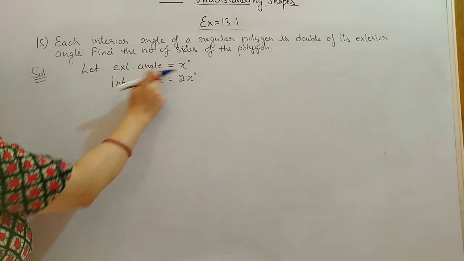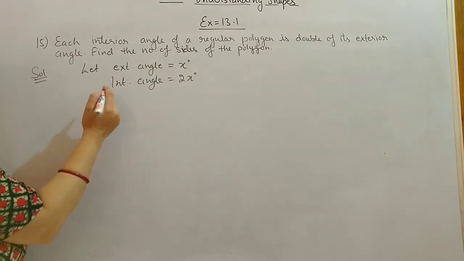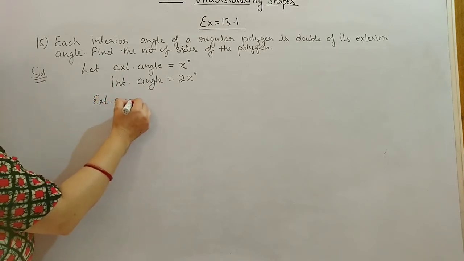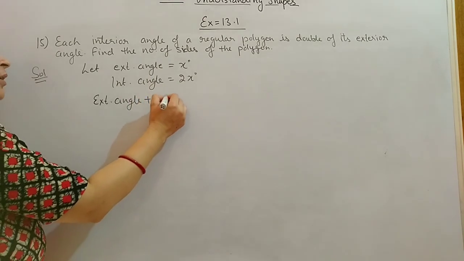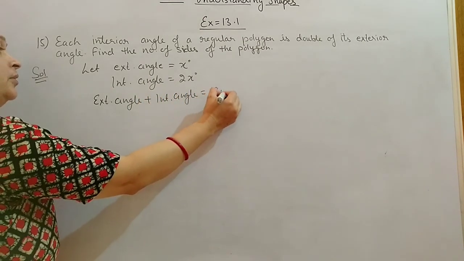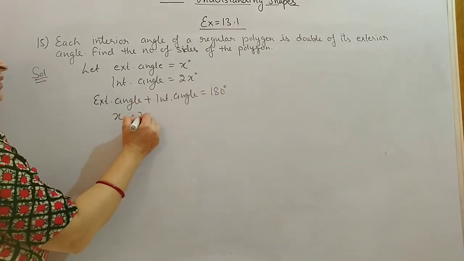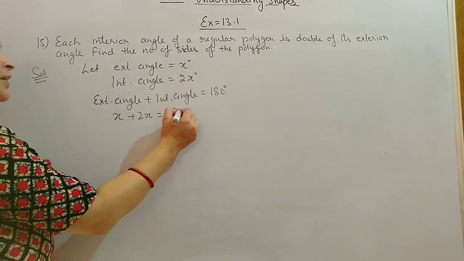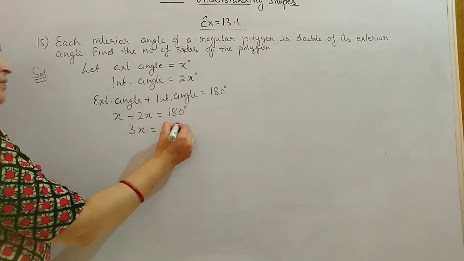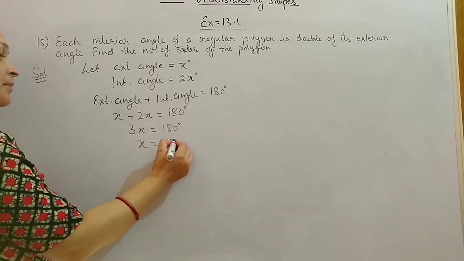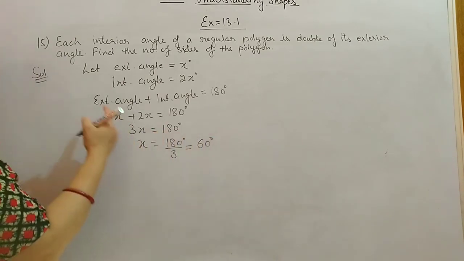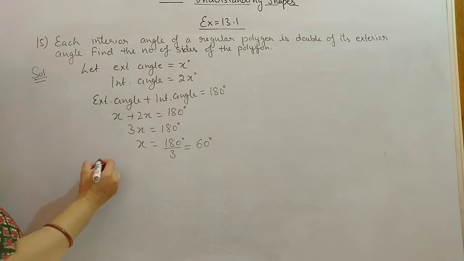Exterior angle is x, so interior angle will be 2x, and we know exterior angle plus interior angle is equal to 180 degrees. So x plus 2x is equal to 180, 3x is equal to 180, so the x value will be 180 by 3, which means 60 degrees. So each exterior angle is 60 degrees.